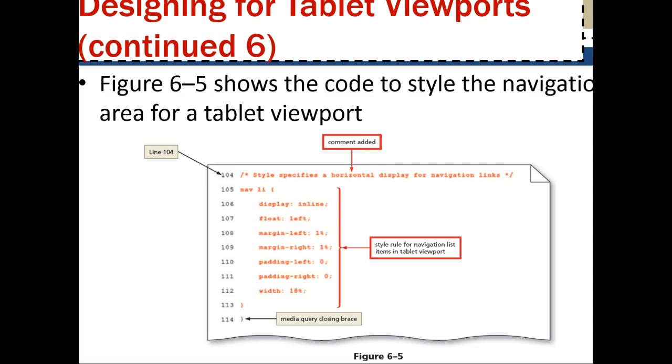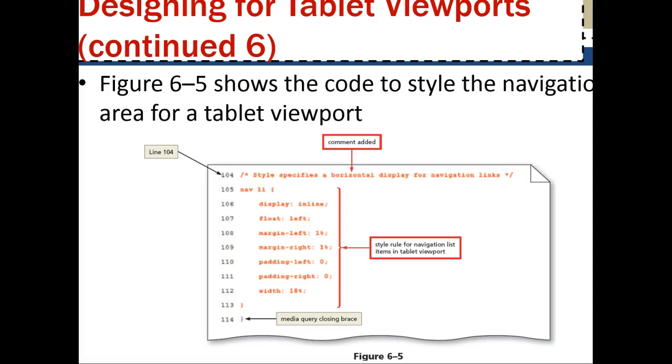Then line 108, margin left 1%, 109 margin right, 110 padding left, then padding right, and the width, which is 18% on line 112. On line 114, we close the bracket for the media query.